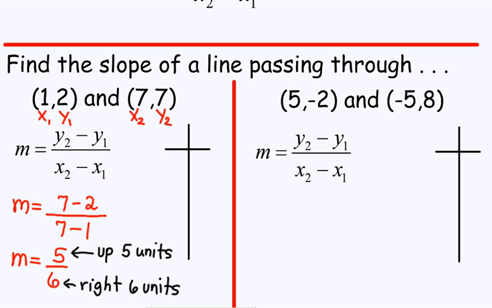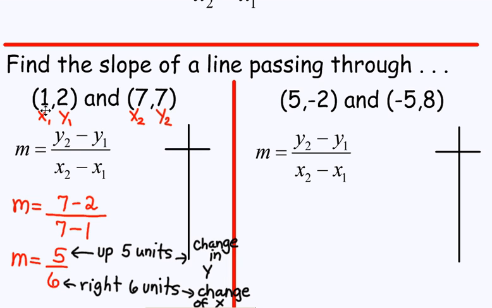Okay, so slope is our change in y over our change in x, which you can see with our formulas y2 minus y1 and x2 minus x1.